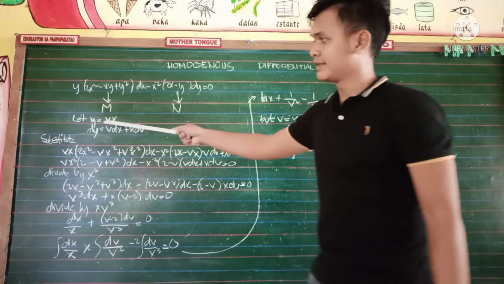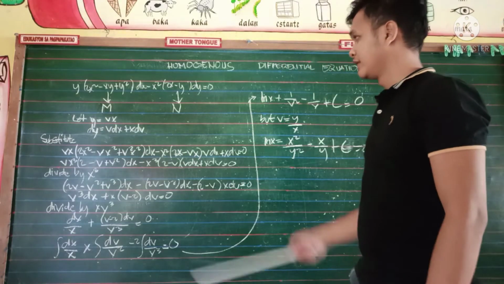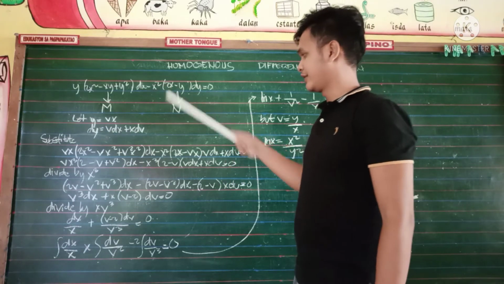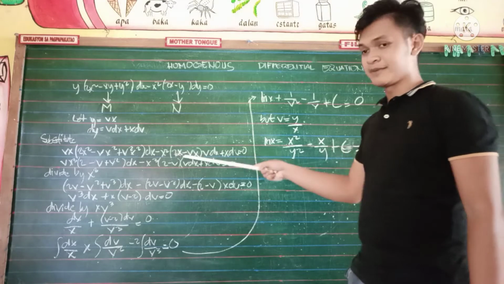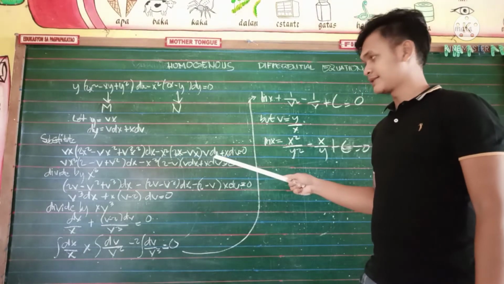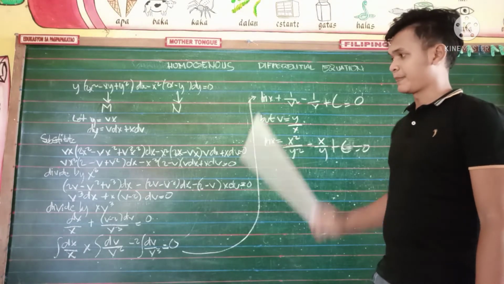So (2x squared minus x times vx plus v squared x squared) dx is equal to minus x squared (2x minus vx), and the dy is v dx plus x dv, equals 0.